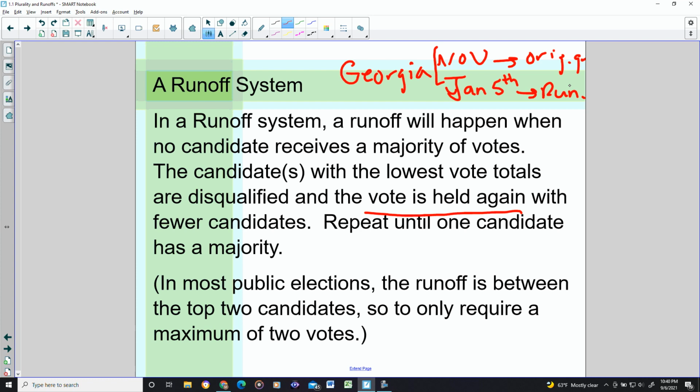But that's a slightly different runoff system that we'll talk about. There's a lot more interest in third party candidates up there because they run this sort of system where people feel more empowered and are encouraged to vote for a third party in this way.